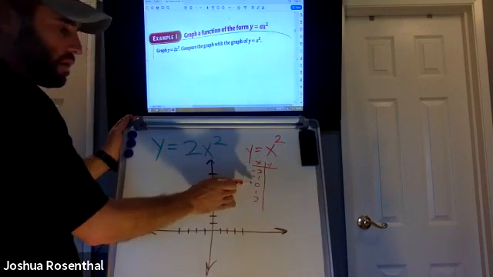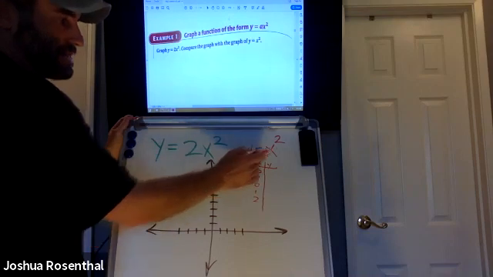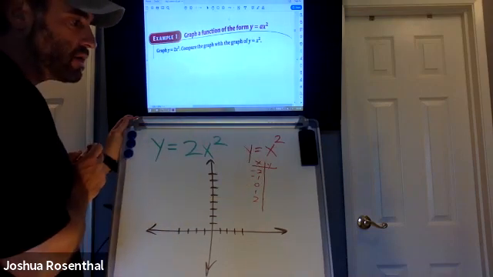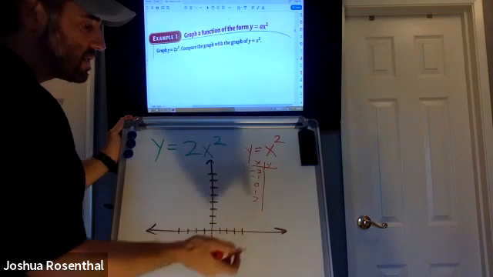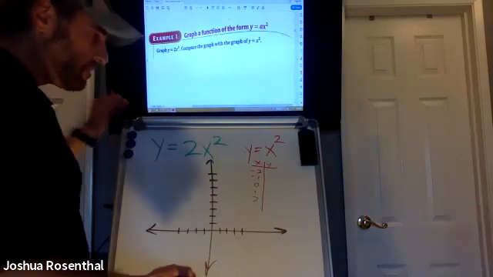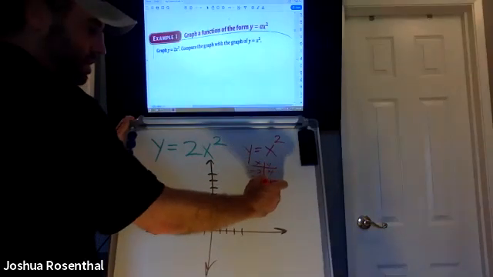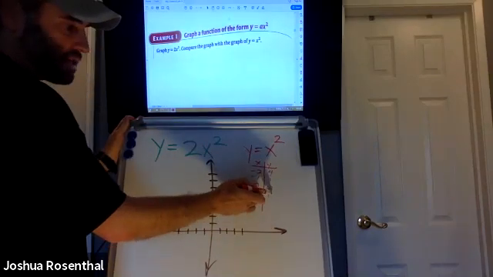Why did I pick 0 in the middle? Because it has not undergone any horizontal translation. So I know 0 is going to be the middle point. Okay? 0 is a rock. -2 squared is 4. -1 squared is 1. And then these are going to be reflections.